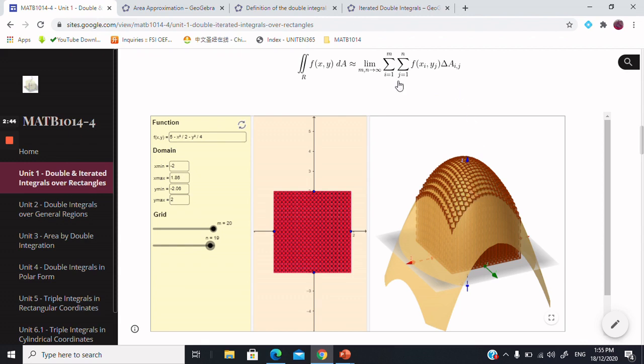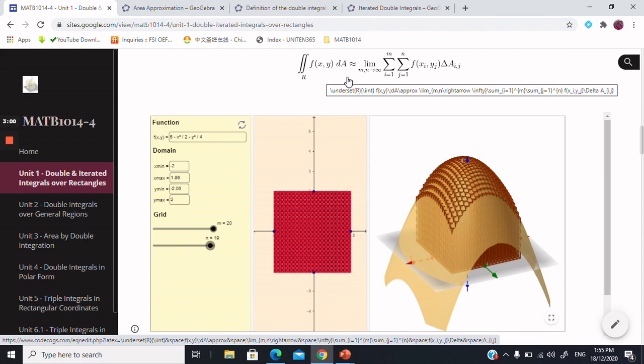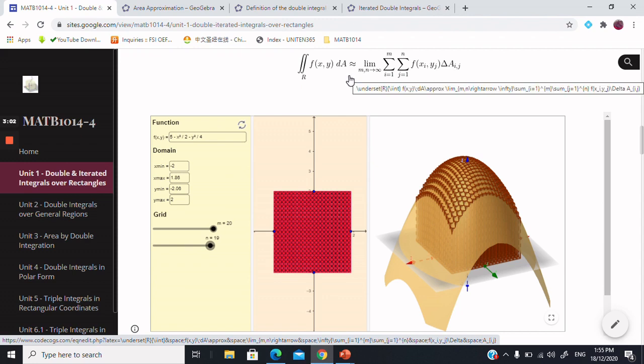Let us look at the notation of double integral. You may need to remember the names of each element in the notation. The double integral starts with the integral signs. The function inside is called the integrand, and dA, which can be dx dy or dy dx, is called the differential.